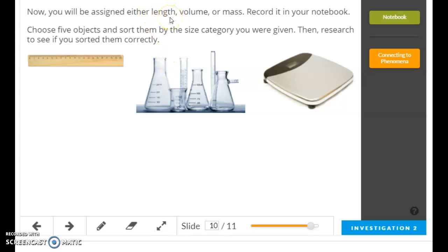If you were born in May, June, July, or August, you're going to be working with volume. If you were born in September, October, November, or December, then you are going to be working with mass. Okay, so write down whichever unit you're going to be using. That's number 4 on page 12.